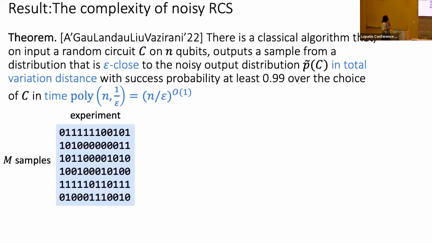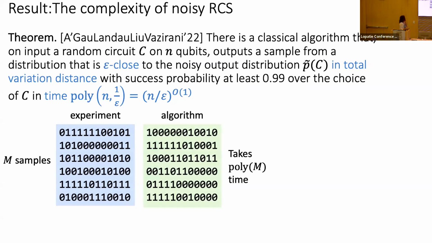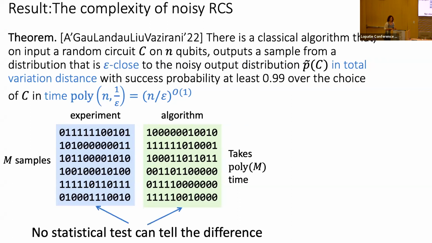Okay, so we have m samples, and our algorithm is going to generate those m samples in time which is polynomial in the number of samples and in n, such that no statistical test can tell the difference. It's a very simple fact that if you only have m samples, and you require epsilon to be 1 over m, there's no way we can information theoretically distinguish between the samples.